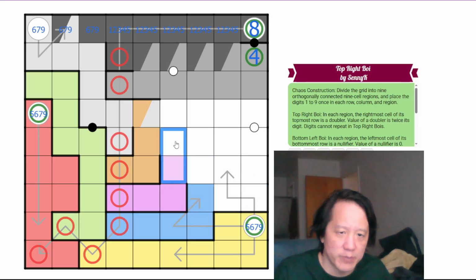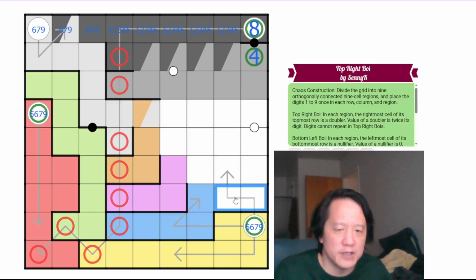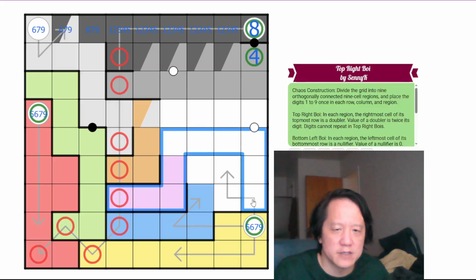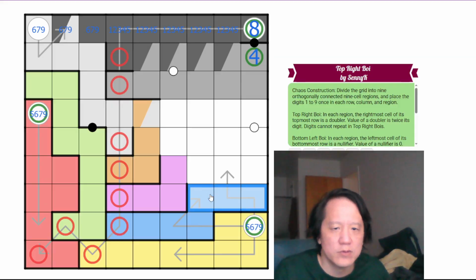If we try to get pink here, 1, 2, 3, 4, 5, 6, 7, 8, 9, that would work. But these cannot be pink, right? If we tried to cut there, this is only 6 cells as a region. If we try to cut here, that's 10 cells, so that's not going to work. And if we try to cut there, that's 6 cells as a region. So these both must be blue.